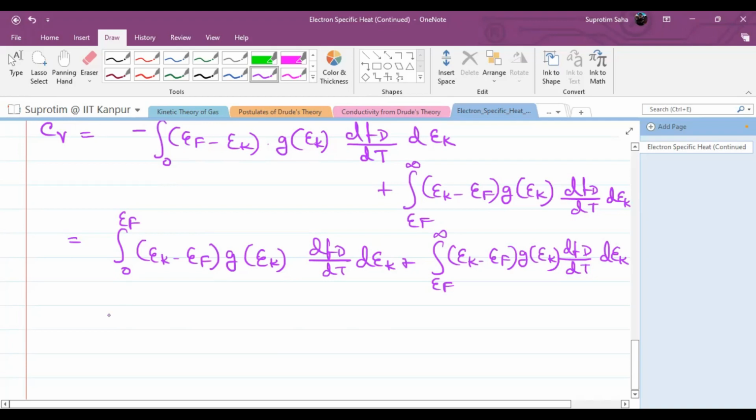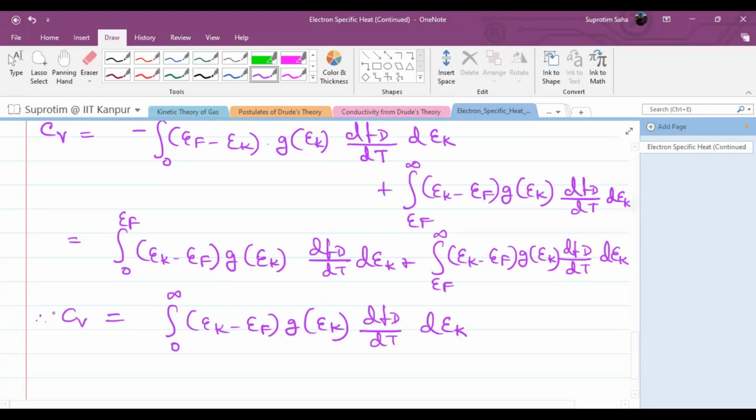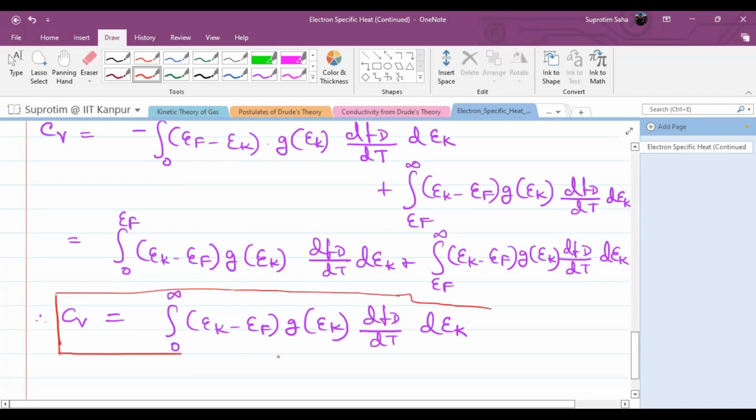So this is very simple to write. This is 0 to infinity, EK minus EF, G of EK, D Fermi-Dirac dt, D of EK. Therefore, CV is this.